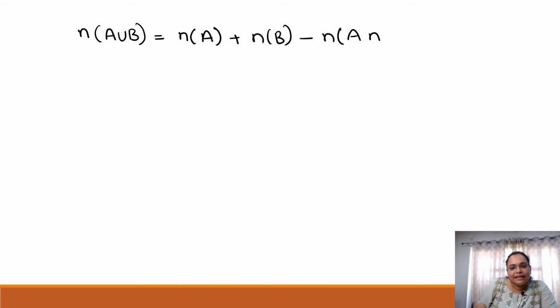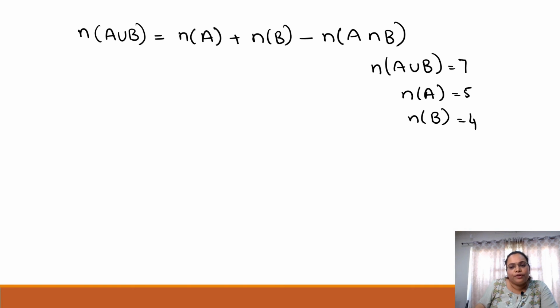So we need to show that n of A union B is equal to n of A plus n of B minus n of A intersection B. We have n of A union B is 7, n of A is 5, n of B is 4, n of A intersection B is 2.